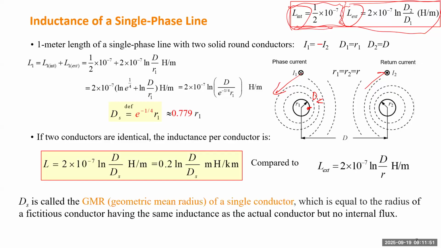And for D2, we use the distance between the two conductors. Combining both, we finally get a single formula. This formula is good to calculate the total inductance for each conductor if we know the dimension of the conductor. Here Ds is called the GMR, geometric mean radius of a single conductor, and D is the distance between the two conductors.